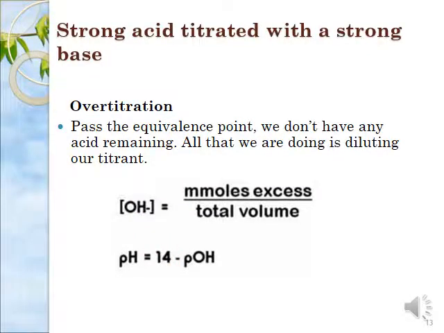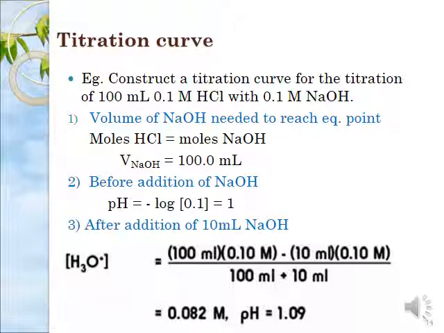Now to understand this better, next we will look at an example. The example is: construct a titration curve for the titration of 100 ml of 0.1 molar hydrochloric acid with 0.1 molar sodium hydroxide. So this is a strong acid as the sample, 100 ml, and you use a titrant of the same strength, 0.1 molar sodium hydroxide, a strong base.